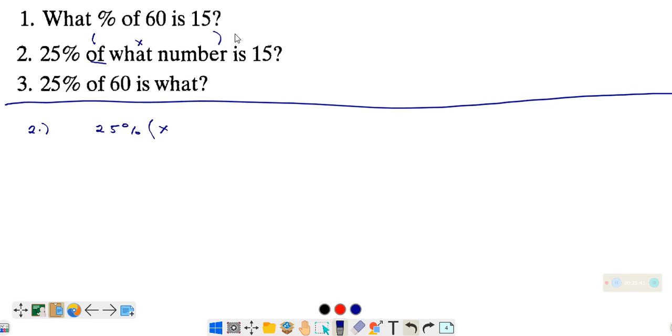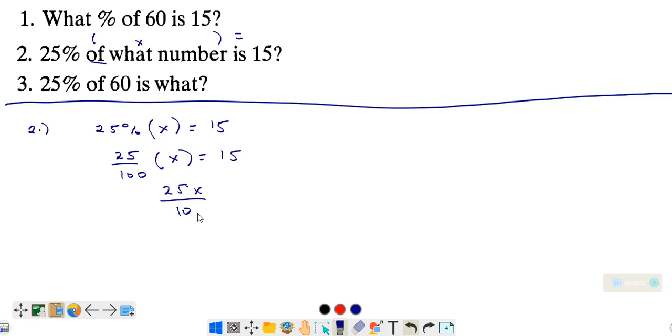So, lagay ko to as open parenthesis. What number? Ang what number ay x. Ito yung x. So, 25, operation ay multiplication. What number is x? Is equal. And then, 15 yung isa pang number.